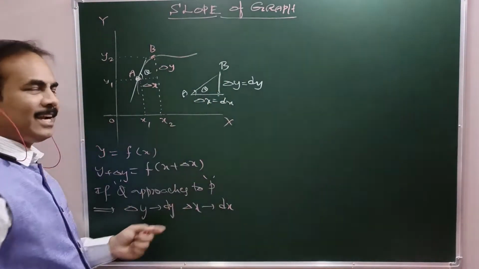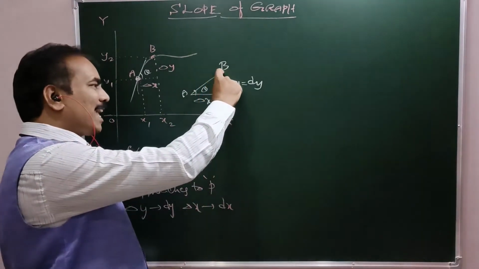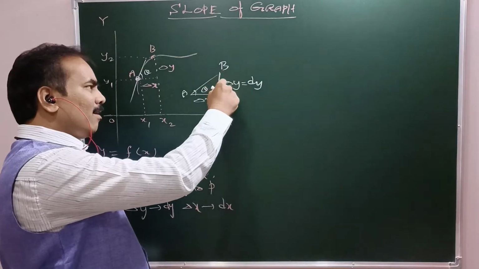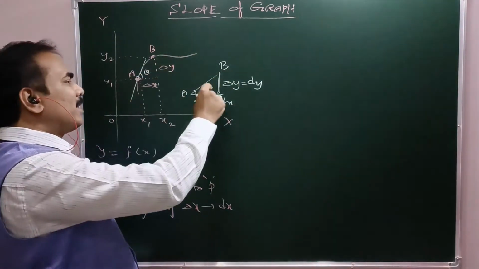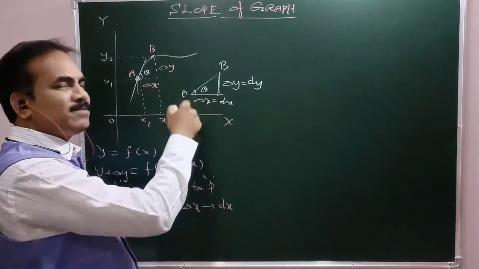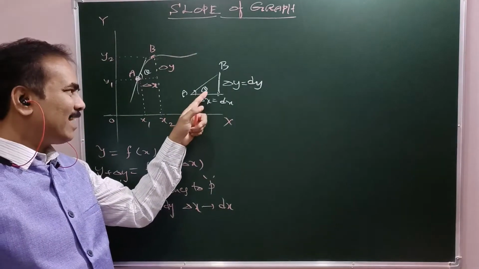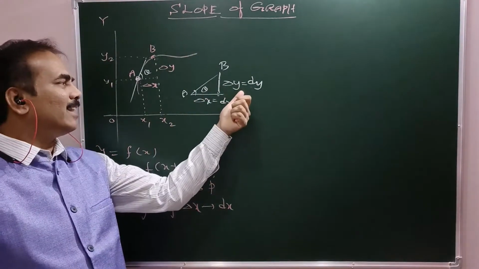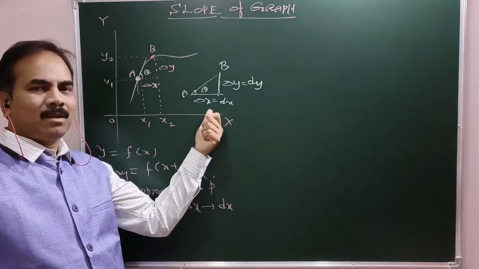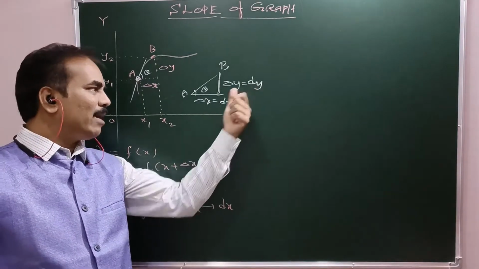With respect to theta here, the opposite side is delta y. As B approaches A, delta y becomes dy and delta x becomes dx. If I take tan theta, opposite side by adjacent side, that is delta y by delta x, which reduces to dy by dx.